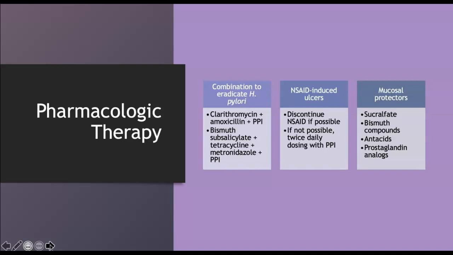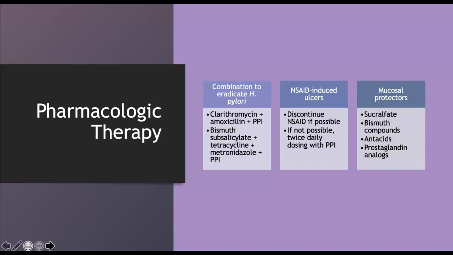If it's due to Helicobacter pylori, there's usually a combination of medicines that they'll give, either clarithromycin, amoxicillin, and a PPI, which is a proton pump inhibitor, or they may choose to give bismuth subsalicylate, which is Pepto-Bismol, and tetracycline and metronidazole, which is also known as Flagyl, plus the PPI. It may vary from place to place, but those are two of the common medication combos that they'll give for Helicobacter pylori.